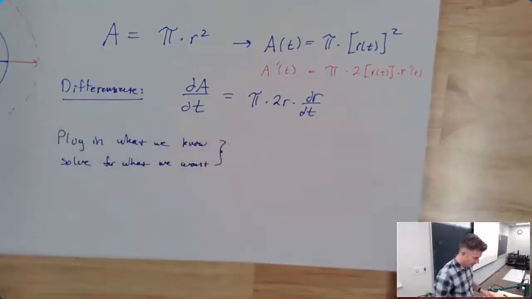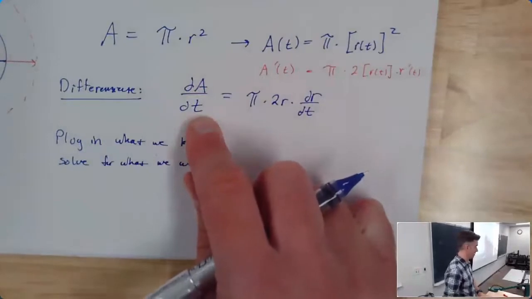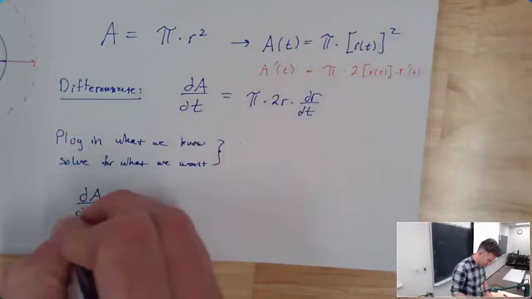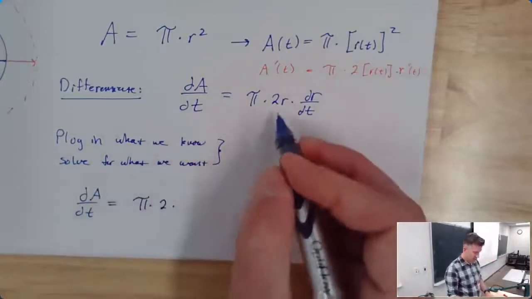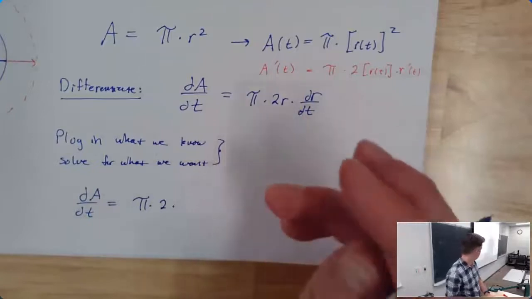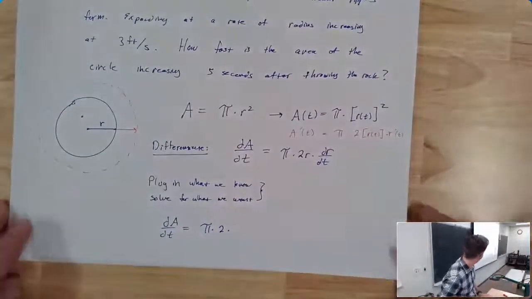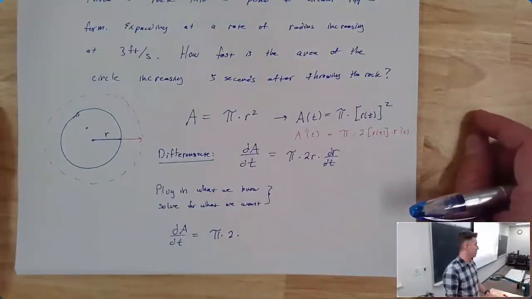So let's see. I know that I want to find how fast the area is increasing, so I probably cannot solve or plug in for that. So I'm going to have dA dt equal to pi times 2 times, I should be able to plug in for the radius. And so I have to do a little bit of exploration here. They asked me, how fast is the area of the circle increasing 5 seconds after throwing in the rock?